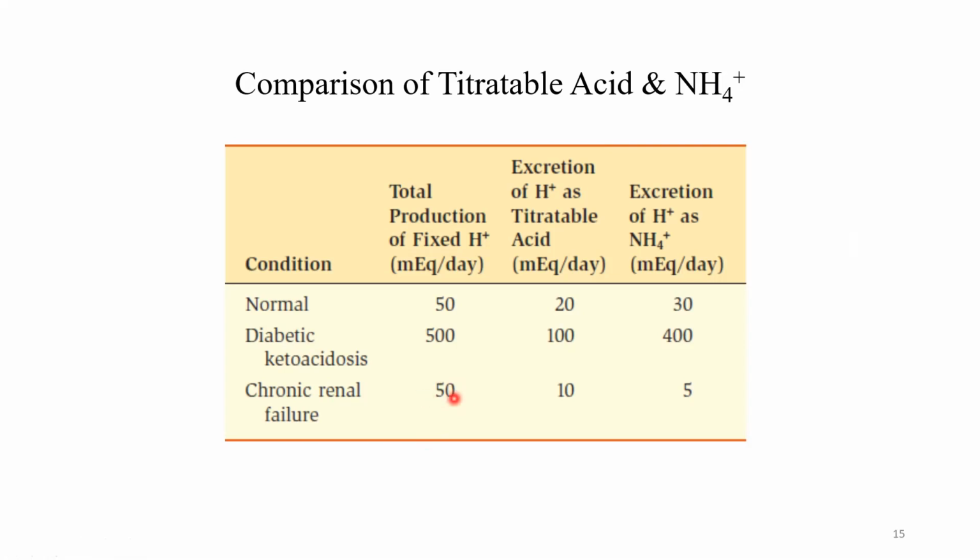Even if you have normal production, you don't have a primarily acid-base problem, you only have the problem in the kidney, and you have a normal protein diet, you see that the excretion of this 50 is divided as 10 and 5. And here you see that the reason for this is basically, hold on.